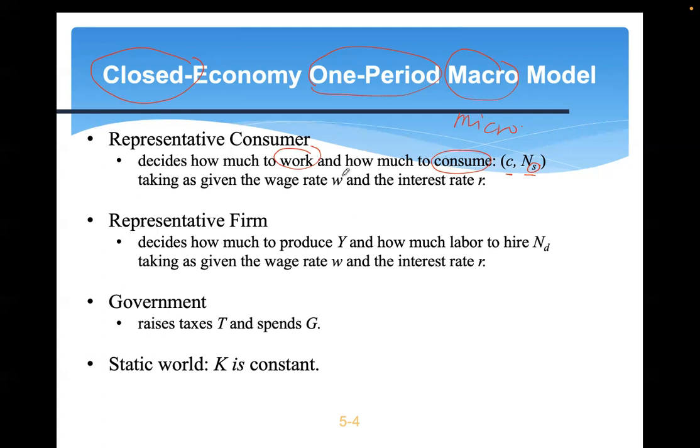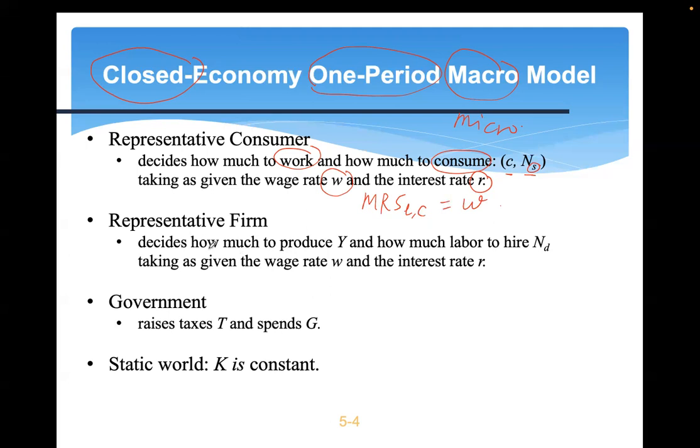When they make a decision, the consumer takes the wage rate and interest rate as given. If you remember, at the end, the consumer has a marginal rate of substitution of leisure for consumption equal to the wage.